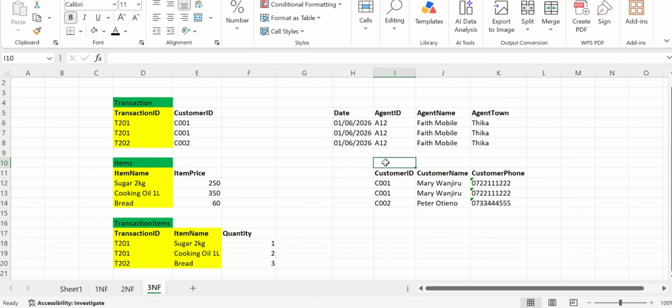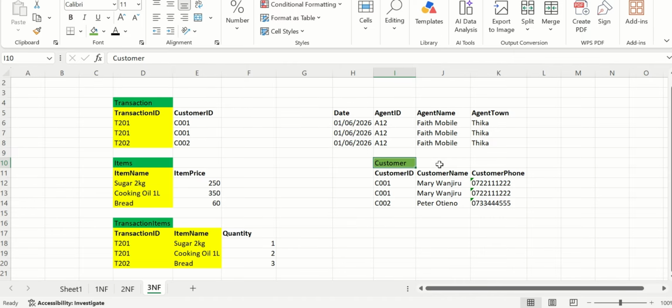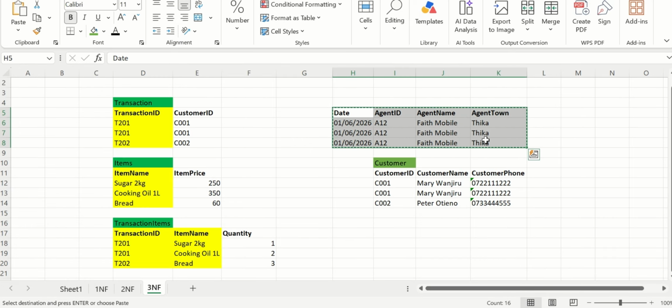So this one we're going to call customer table. So let's label it as customer table. This is customer table. So we are remaining with this. Copy, put it here.